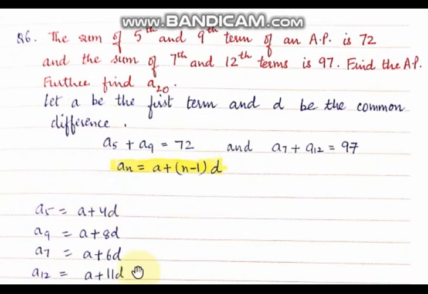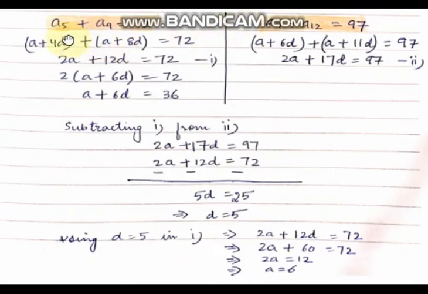So quickly going to substitute these values in this equation and further this equation. Our equations are A5 plus A9, that is the fifth term and ninth term, is 72, and A7 plus A12 is 97. I've just substituted the values over here and simplified further.